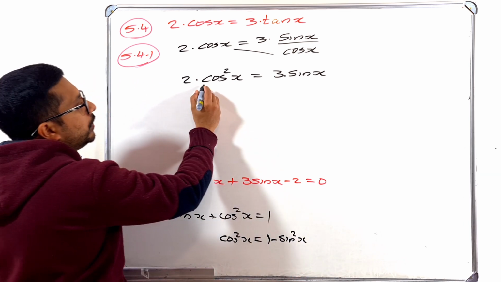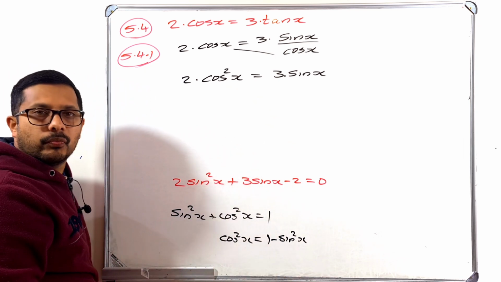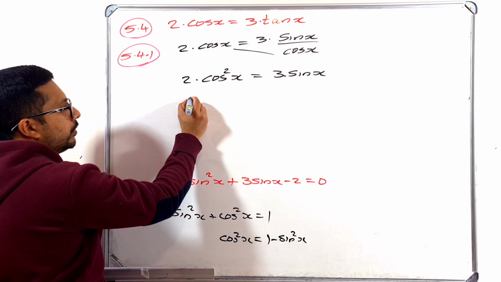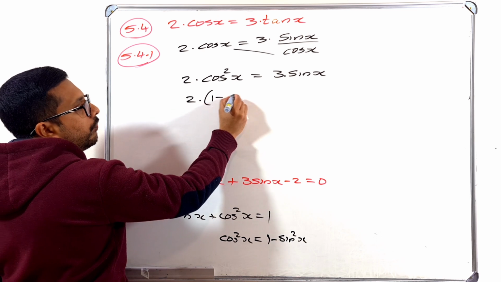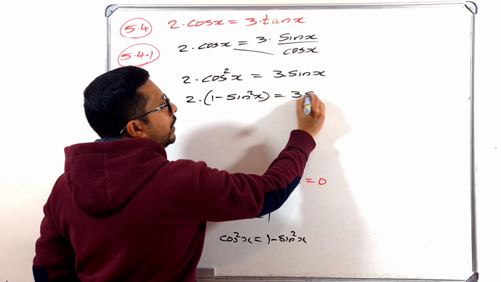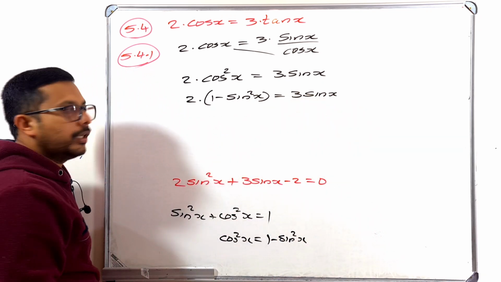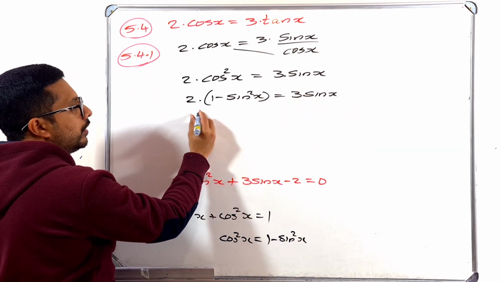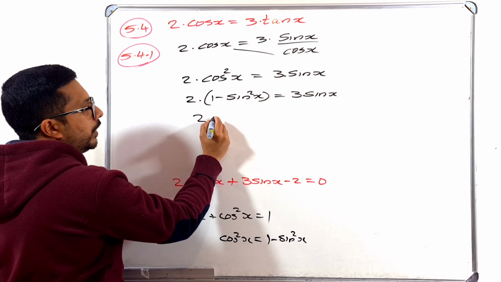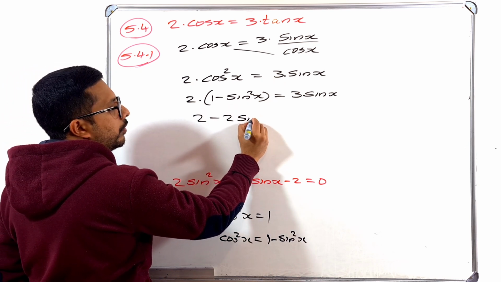Okay, so instead of that cos squared x, we can write it as 1 minus sine squared x, so it is 2 into 1 minus sine square x is equal to 3 into sine x. Okay, expand the bracket. 2 into 1 is 2, 2 into minus sine squared x is minus 2 sine square x.